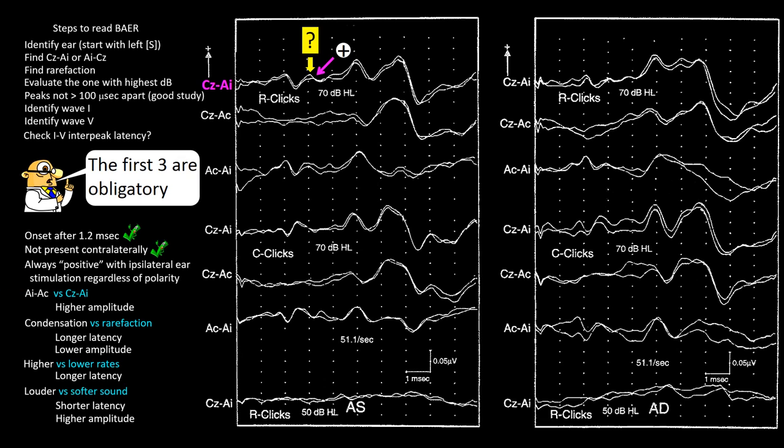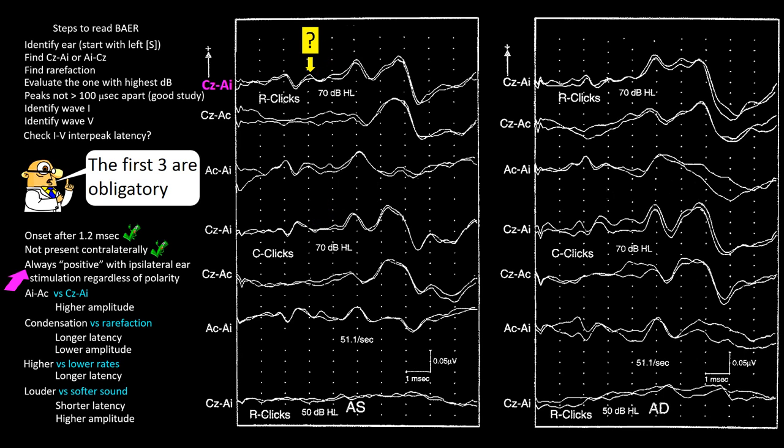During rarefaction, it is positive. During condensation, it is questionable, but it is not contradictory as it was when we were analyzing the prior wave. This is a subtle difference, but it is nevertheless an important subtle difference.